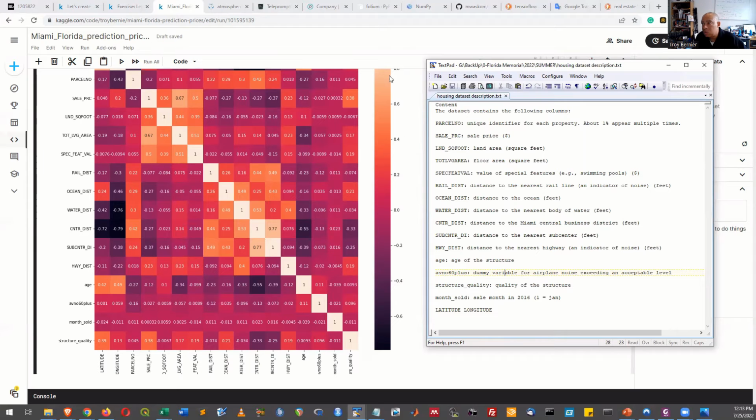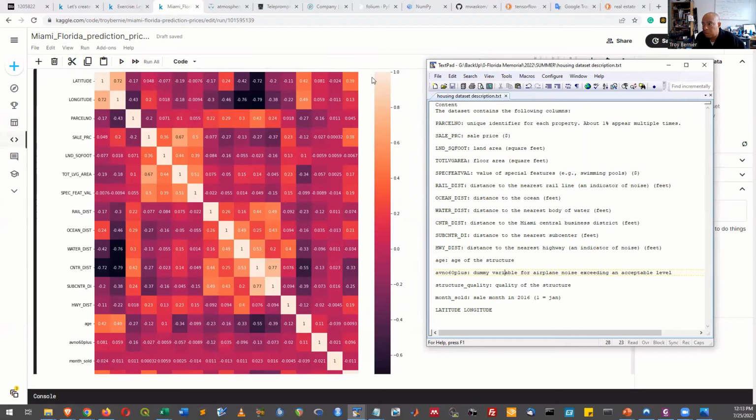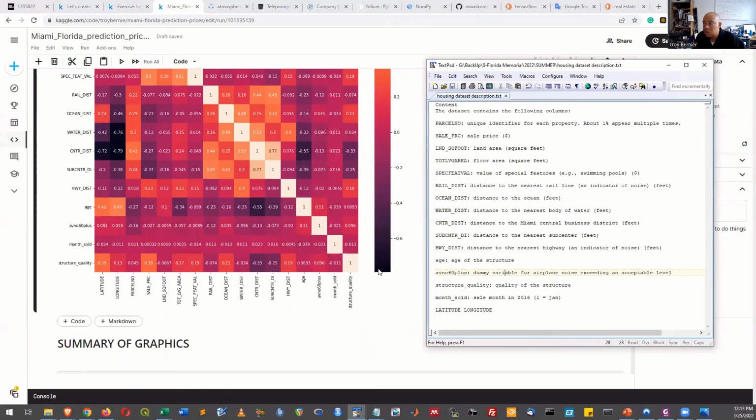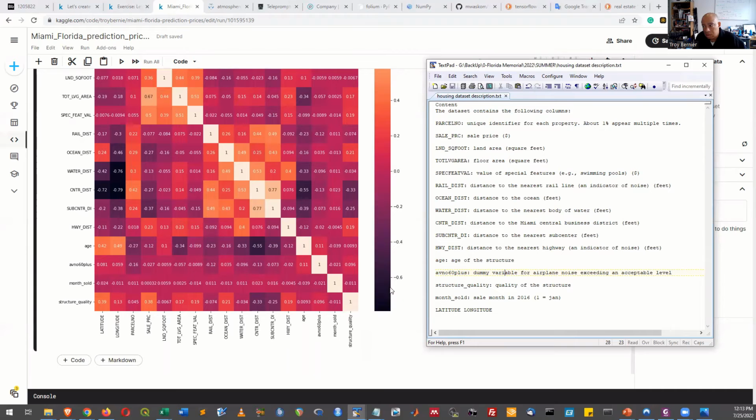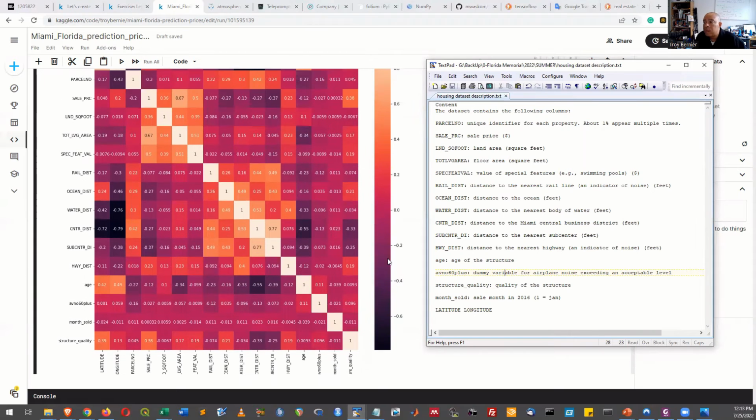If we get to utilizing this bar here, very important: very light color, high degree of correlation; dark color, negatively correlated; reddish, no correlation. So if we stick to these here, center, district, rail or highway, you can see on these what degrees of correlation.